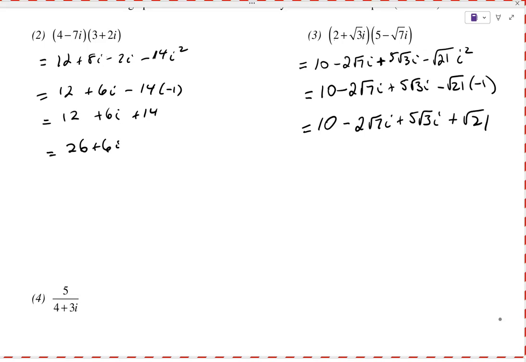Now notice that the directions tell you to write it in standard form. Remember, standard form is number plus number times i, right? So anything that doesn't have an i goes first. Everything that has an i goes second. And we have to do one little extra thing.